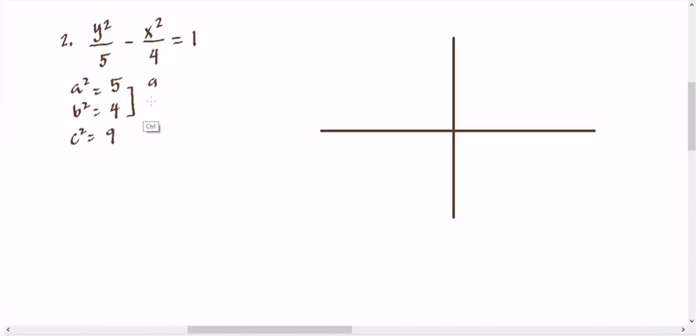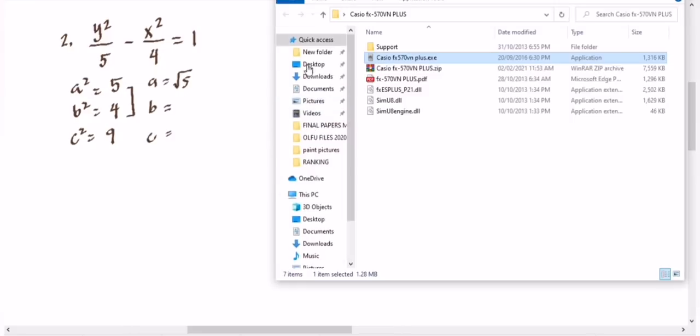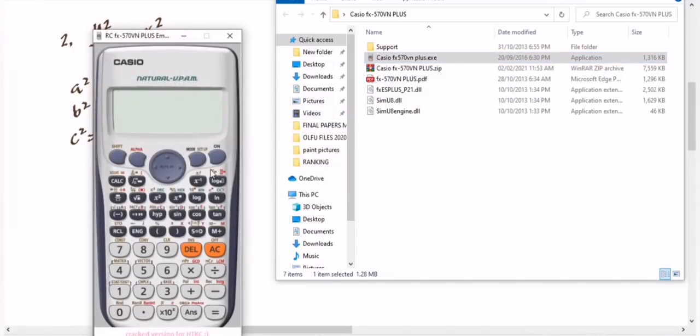Now finally, let's get the a, b, and c by getting the square roots of the following values. Square root ng 5, calculate lang natin. So square root ng 5 approximately, decimal dapat, 2.2.